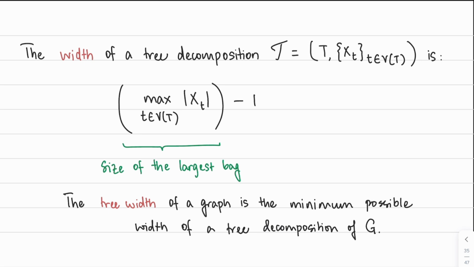Once again, it's a little trickier to prove lower bounds, where you want to say that the tree width of a particular graph is at least something, that you cannot do better than a certain value. That usually requires a combination of different techniques. Sometimes you can argue it from first principles, sometimes you need to appeal to alternate and equivalent characterizations of the concept of tree width, and that's something that we won't be getting into a whole lot here.